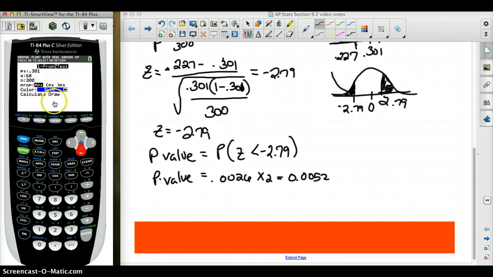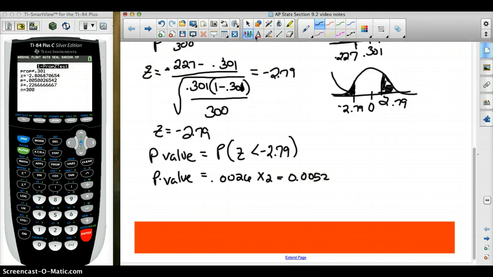Okay, it's not going fast enough for me. Click on calculate or draw, and it's going to give you a slightly different z and a slightly different p, but they're extremely close to each other. The calculator method is just more accurate than the tables method.